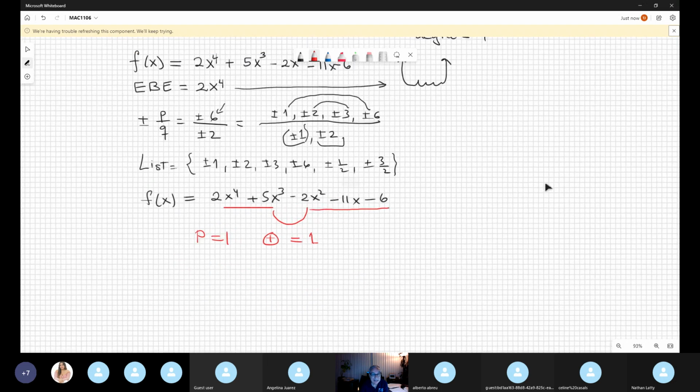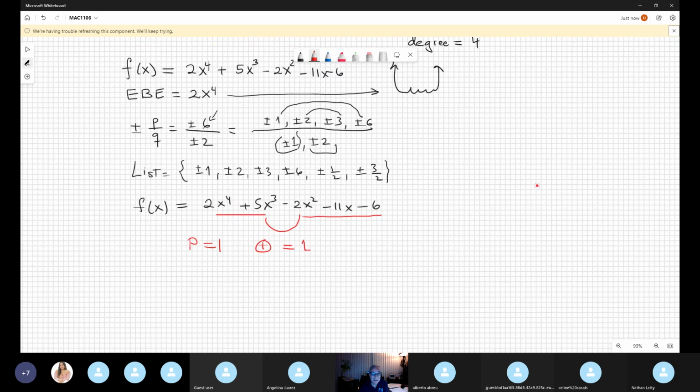In order to investigate the negative, you take the reflection of the polynomial. And the reflection, this stays the same because exponent even. This changes, exponent odd. This stays the same because it's exponent even, and this changes because exponent odd, and this is 6, -6 stays.